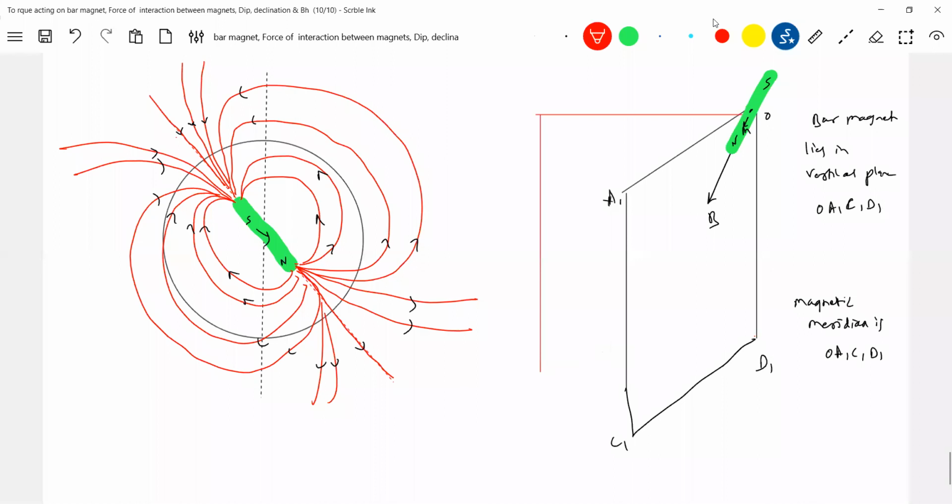We do have the geographic meridian, OA2C2D. Now, what is the geographic meridian? OA2C2D, and this will be the geographic north.